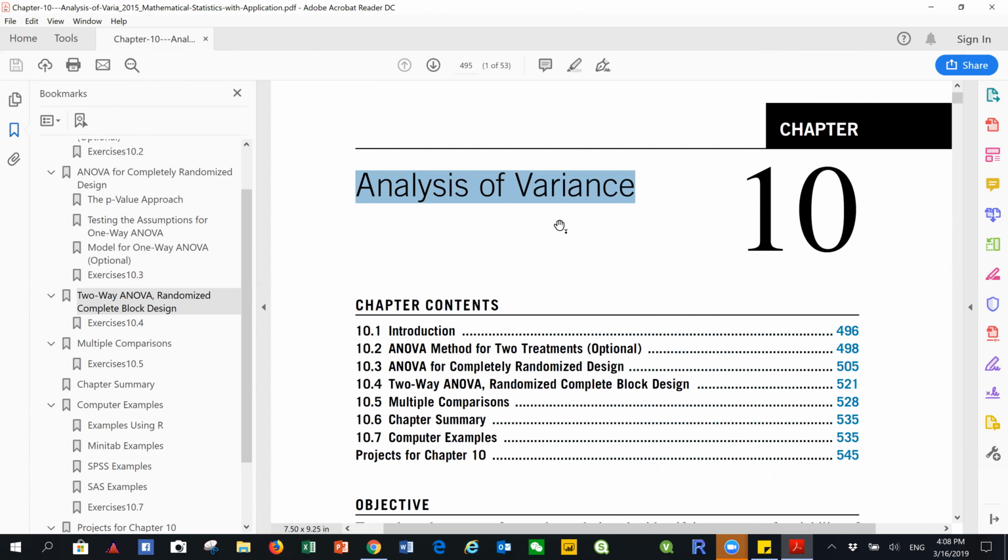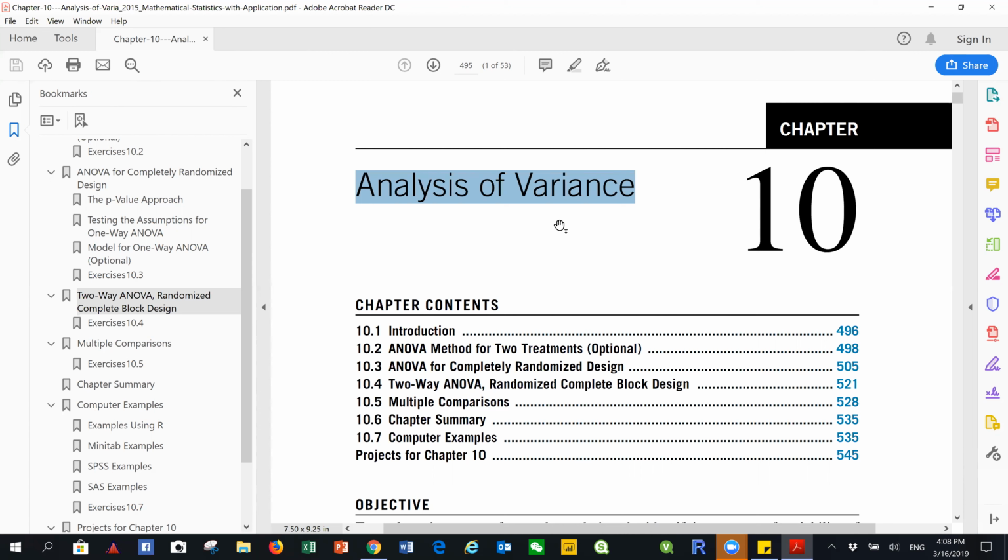So this is something that we need to be clear. First of all, we don't have to remember all the formulas. That's not too important for me in a real sense.